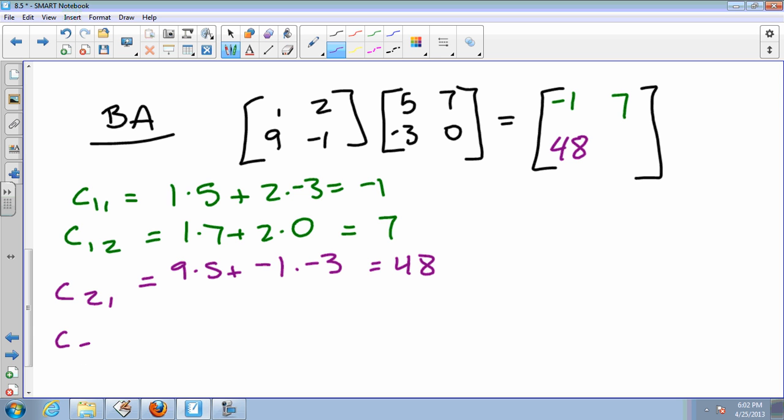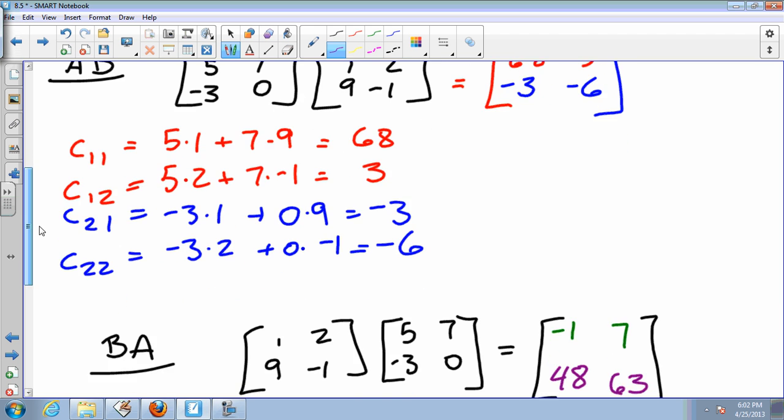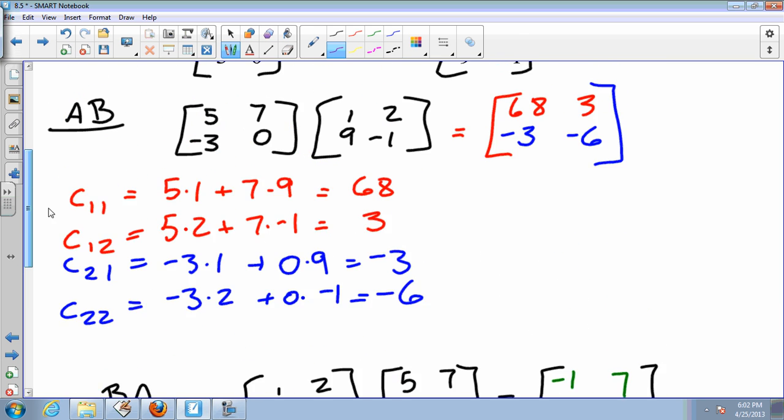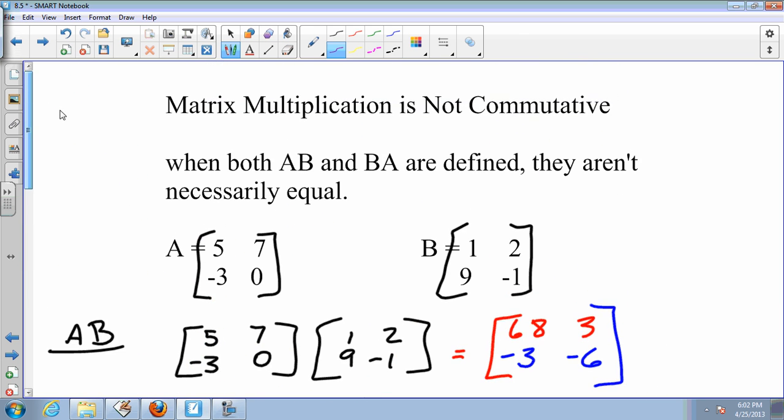And lastly, C2,2 goes to 9 times 7 plus -1 times 0, 63. So comparing our two outcome matrices, they are not the same. So please remember, it is not commutative.